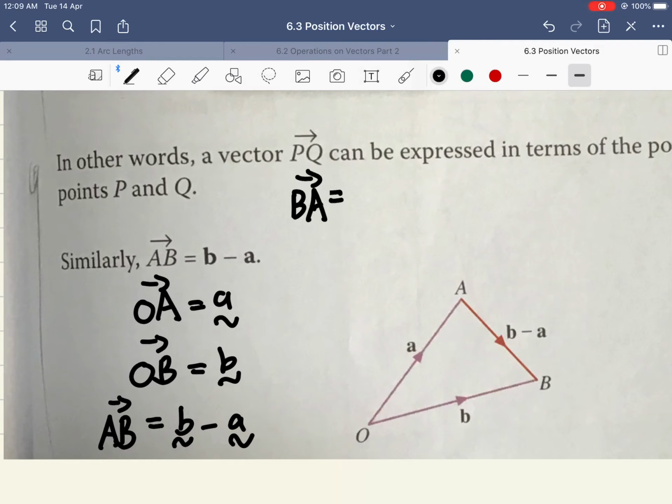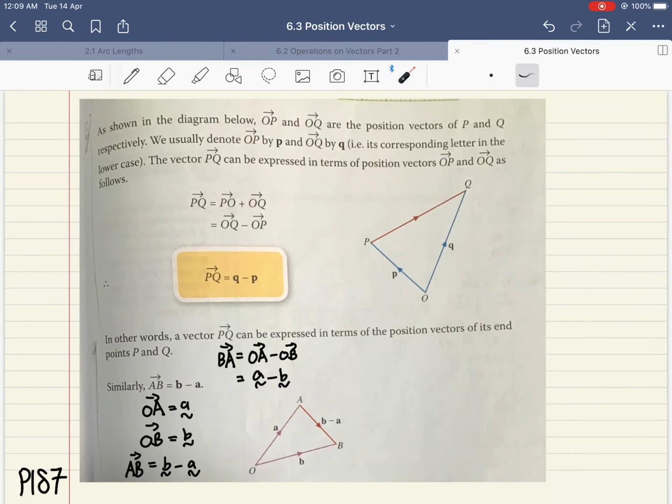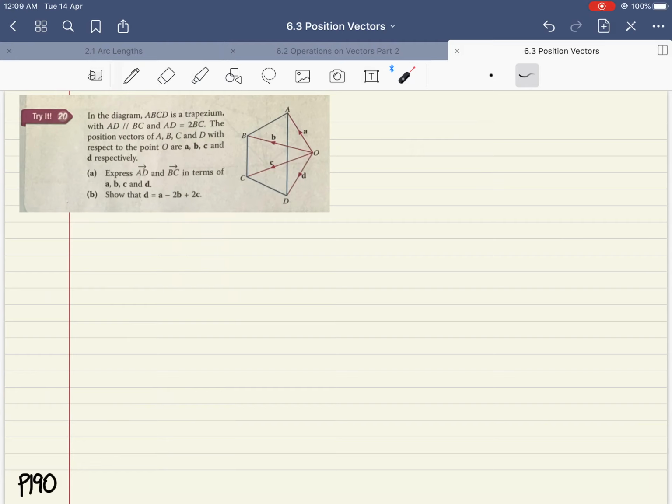If AB is B minus A, what do you think is the vector BA? Same thing: it will be the second letter, OA, minus OB. So what I get is A minus B. Once again, it is the second minus the first when we come to position vectors.